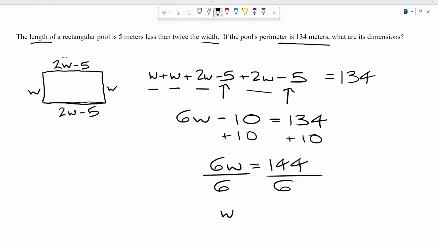So W, our width, is equal to 24. And our unit here is meters. So the width is 24 meters.